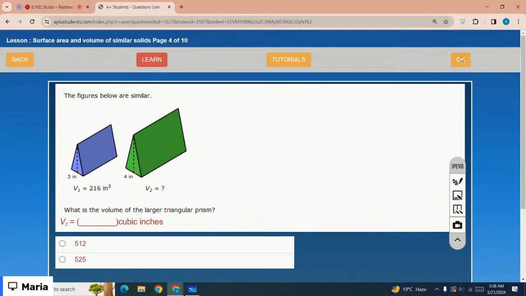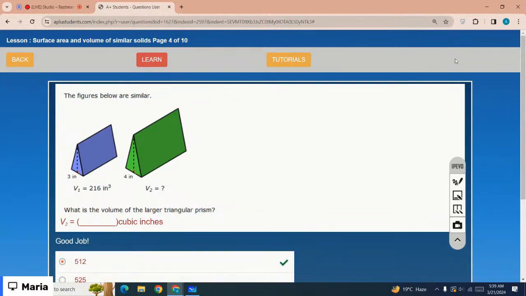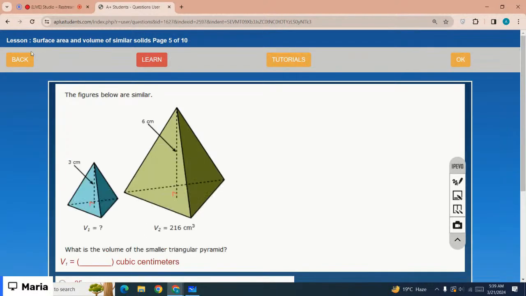Which is the correct option? That is 512 is the correct option, right? Okay, you can complete the lesson by yourself later today.